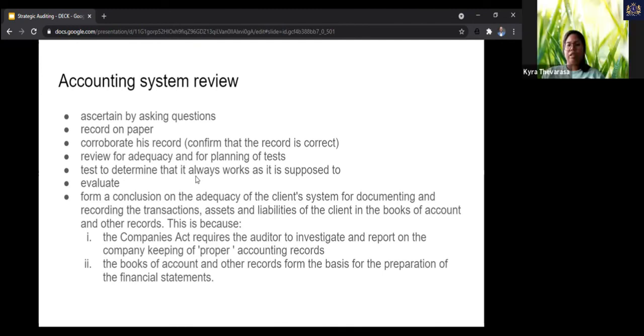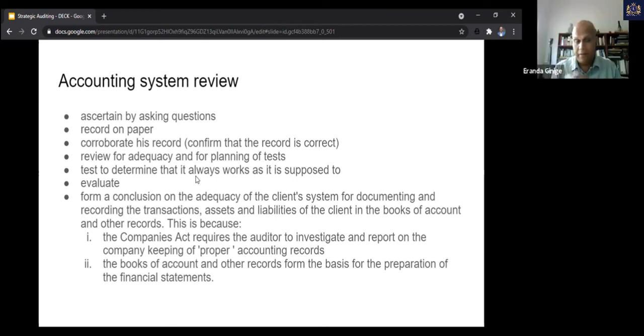Right? Because then you need to form some kind of a conclusion on the adequacy of the client's system against the statutory requirements, right? So if you are reasonably happy with the accounting system, then that's a good thing, because you know that your job is then easier because the system is good.